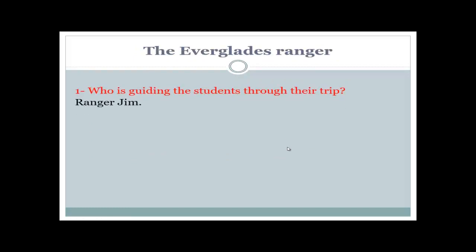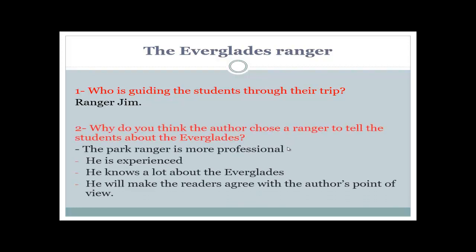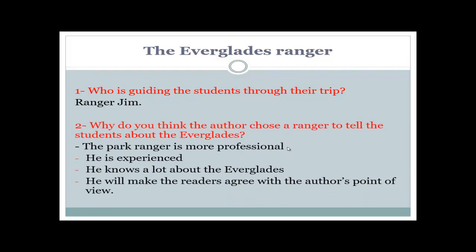Who is guiding the students through their class trip? Ranger Jim. So Ranger Jim is the one responsible for describing the different kinds of plants and the different kinds of habitats throughout the students' trip in the Everglades. Why do you think the author chose a ranger to tell the students about the Everglades? Why specifically a ranger?